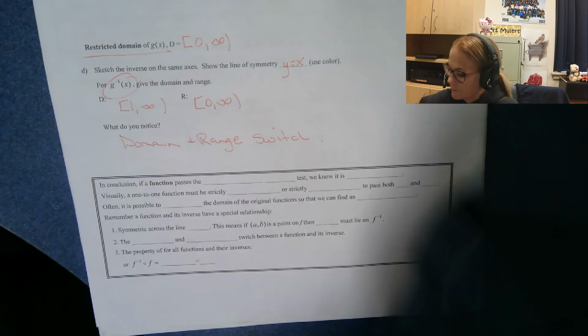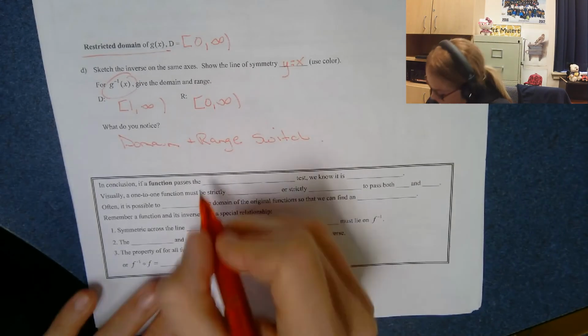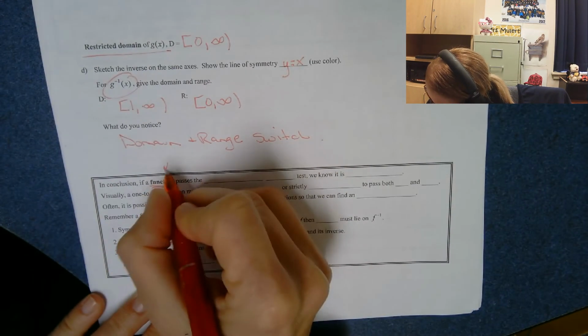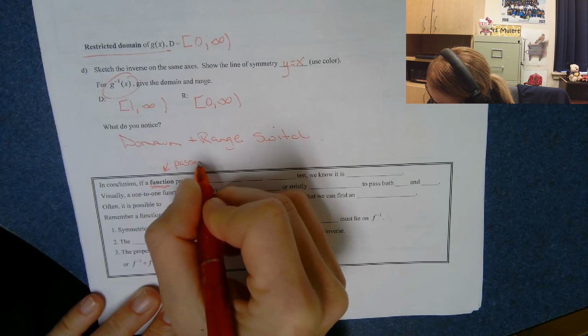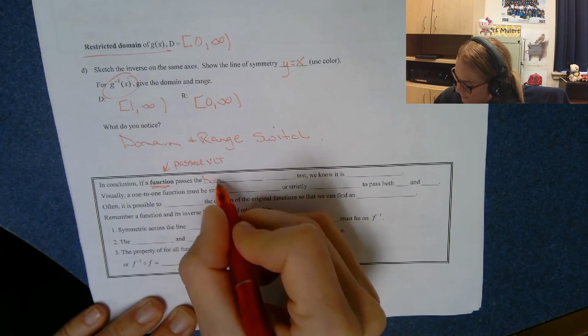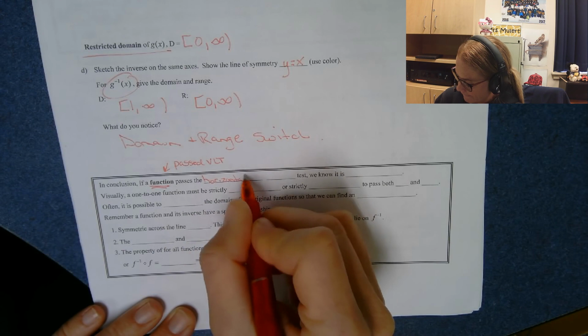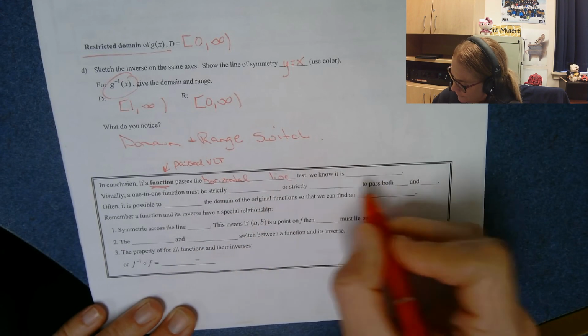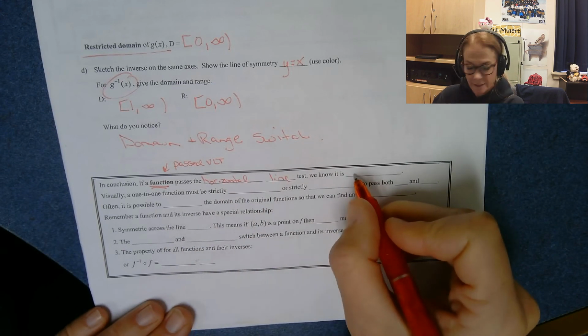All right, conclusion. Let's do a few bullet points. If it says it's a function, it passed the VLT, so that's assumed. If a function passes the horizontal line test, we know it is 1-to-1.